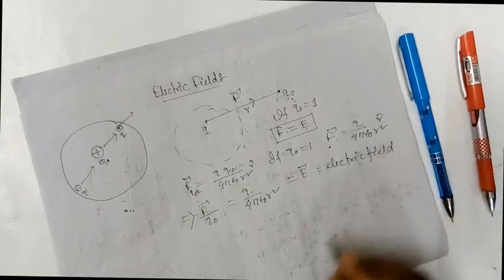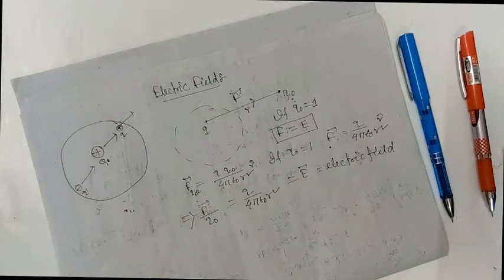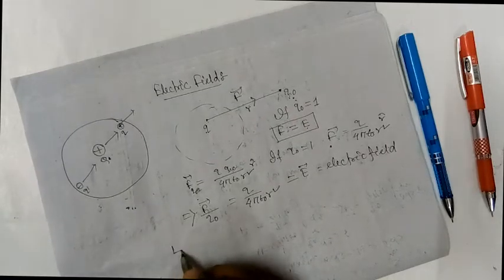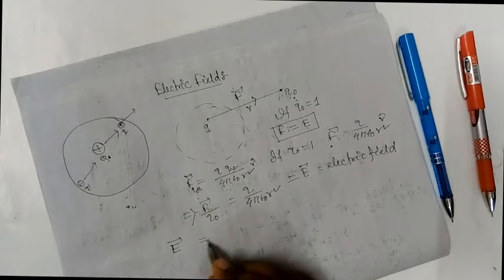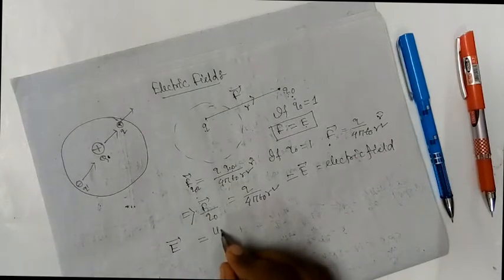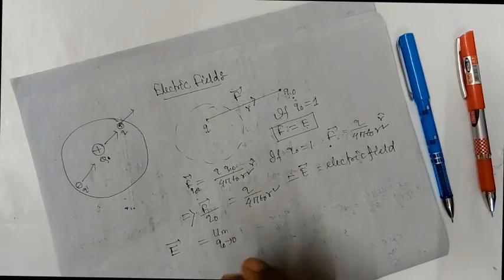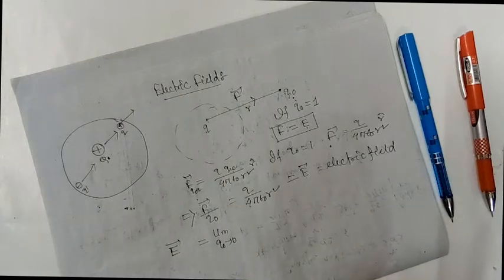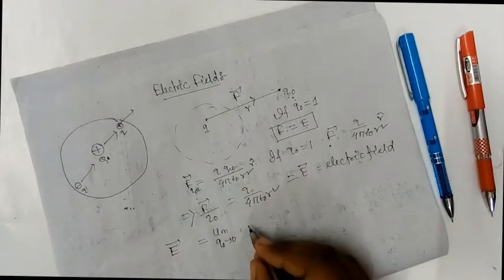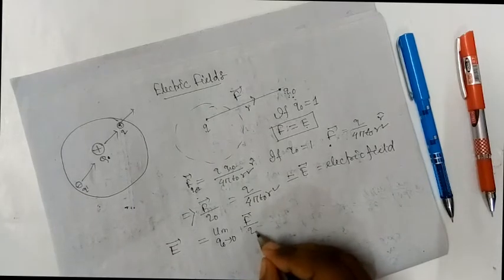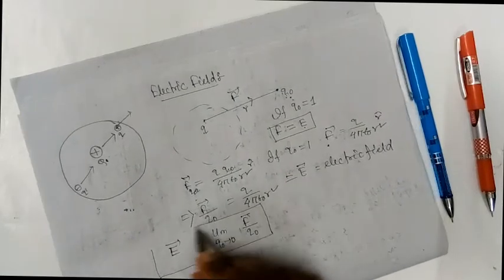So electric field is basically force per unit test charge acting on a vanishingly small positive test charge placed at a given point. Why is it told vanishing? Because whenever we write about electric field, E equals the limit Q naught tends to 0 of F vector by Q naught, since the test charge we have assumed is very small.